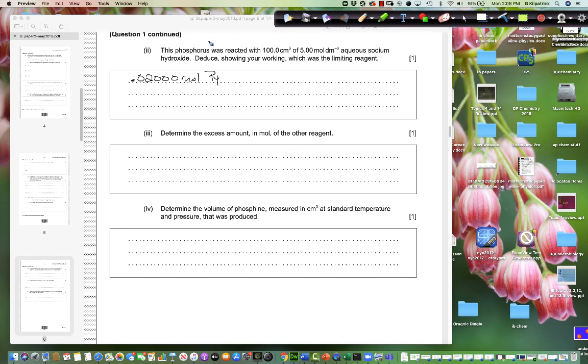Now, I was also told that I have 0.1 liters. You can use liters and milliliters here. Just make sure you look at their problems and know that if I have a cubic centimeter, that's a milliliter. If I have a dm cubed, that's a liter. And remember, if it's to the negative power, it's per. It's under a fraction bar. So I have 0.1 liters. I'm going to multiply that by 5 moles per liter.